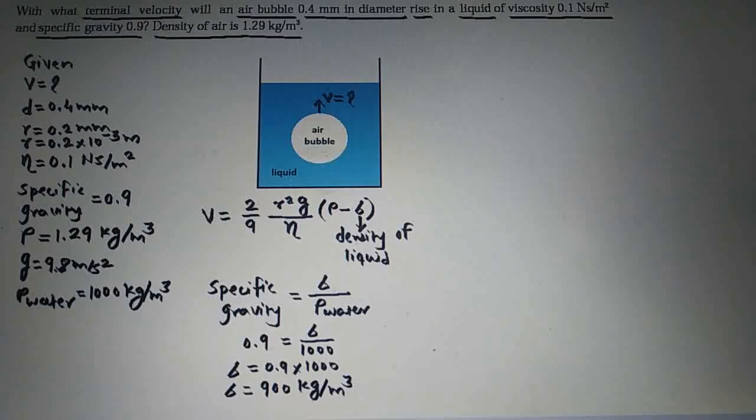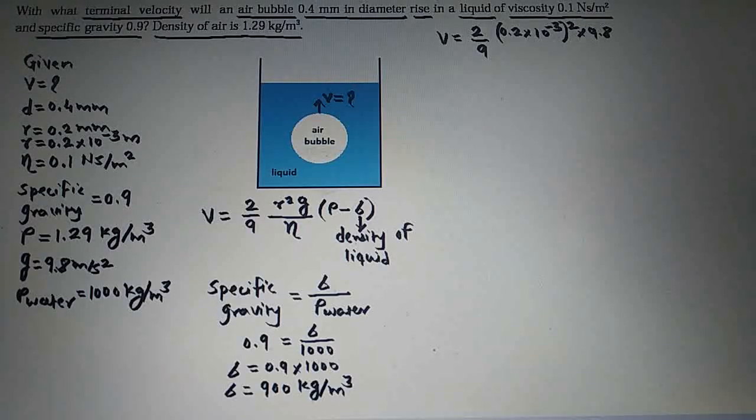Now if we put all the values in this formula for terminal velocity, then we can write here V is equal to 2 divided by 9. What is R? R is 0.2 into 10 raised to minus 3, square, into what is G?